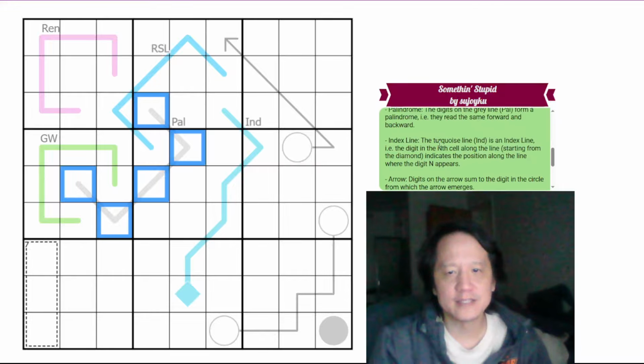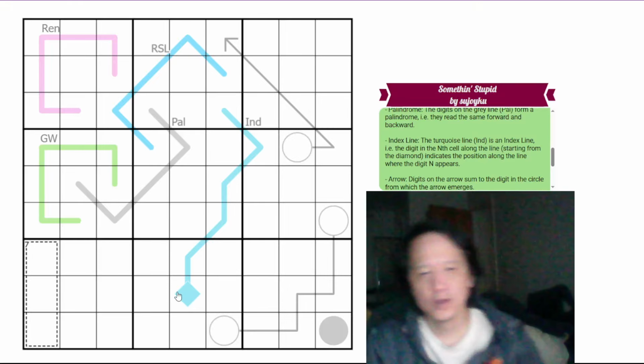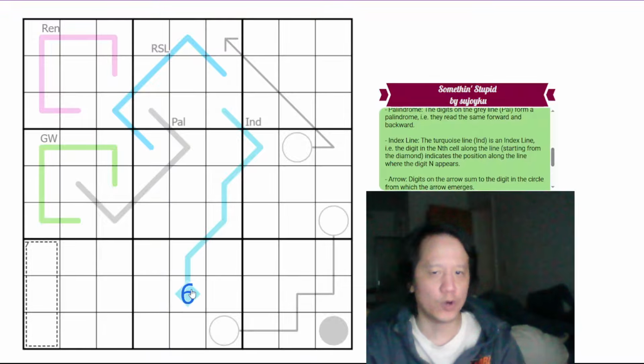We have index lines, where the turquoise line, ID, is an index line. The digit in the nth cell along the line, starting from the diamond, indicates the position along the line where the digit N appears. So, for example, say this digit here was a 6. That would say that this is the first cell, so N is equal to 1 here.